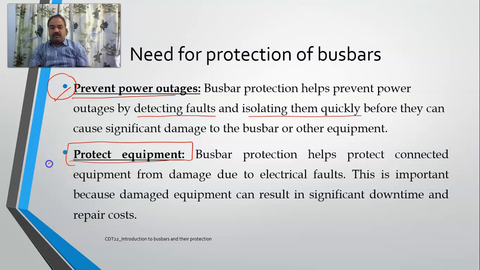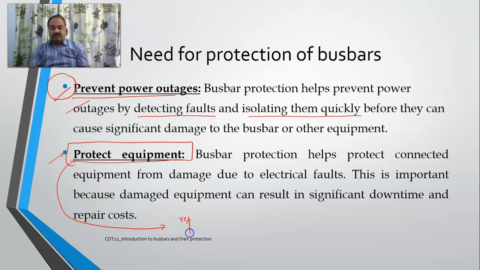If prolonged current of a larger magnitude is allowed to flow through the equipment, it will create a power outage because of the damaged equipment. So, to prevent power outages and to protect equipment: if you don't react quickly and the equipment is damaged, the aftermath will be very high.